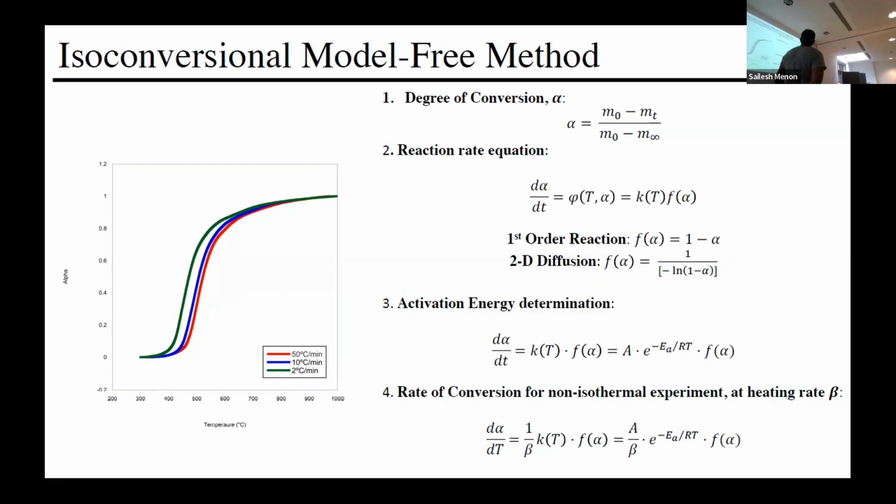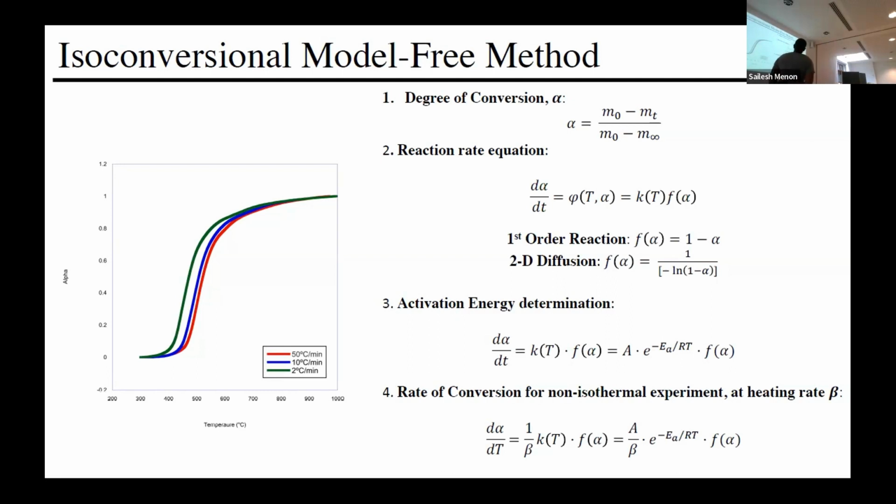This method treats the data as an infinite number of independent parallel reactions, versus treating the pyrolysis as one reaction. The isoconversional method assumes that the activation energies, which is what I'm determining, are only dependent on the degree of conversion instead of the actual heating rates themselves.